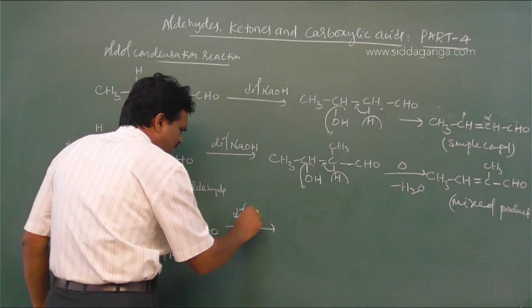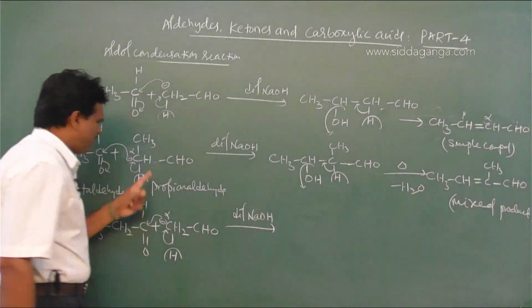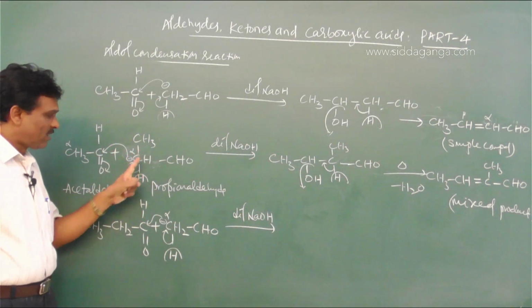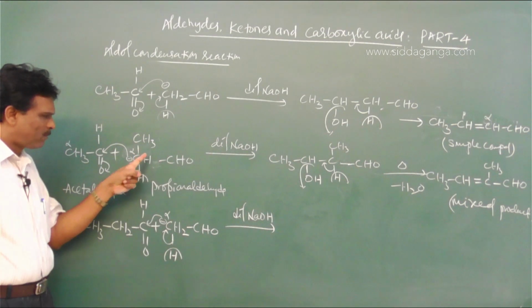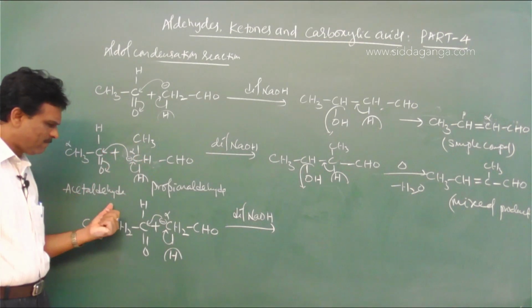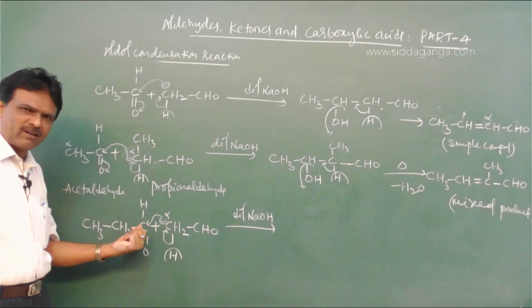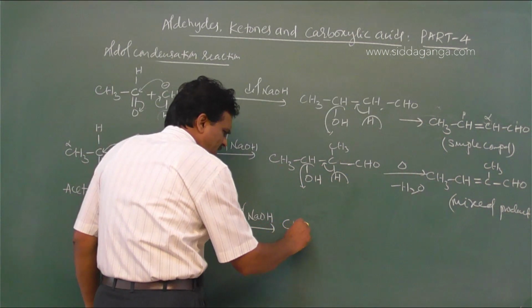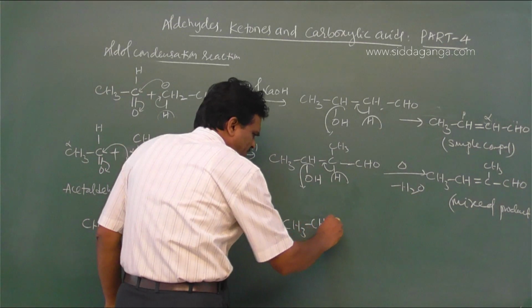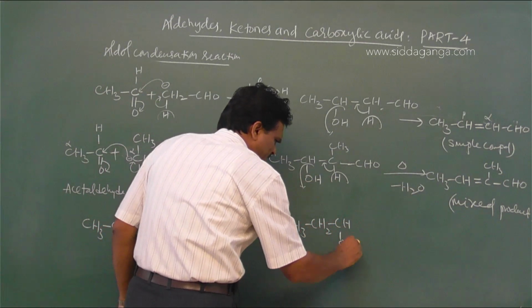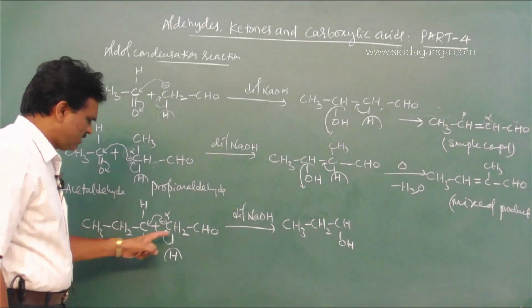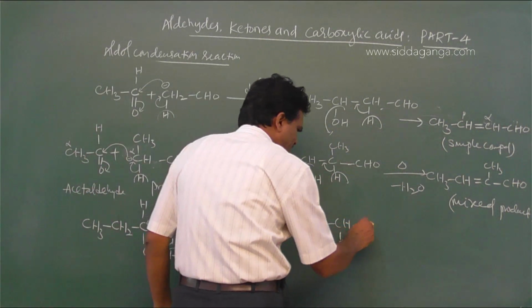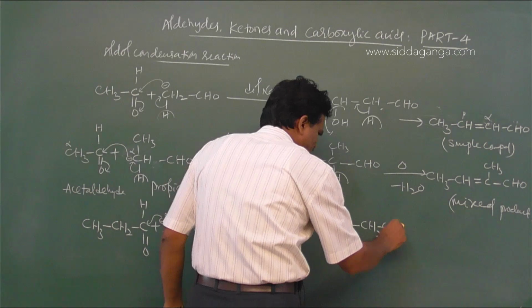Again the same type of reaction. In the first case, transfer of alpha hydrogen from propionaldehyde to acetaldehyde, but here from acetaldehyde to propionaldehyde. The products are different: CH3 CH2 CHOH CH2 CHO.